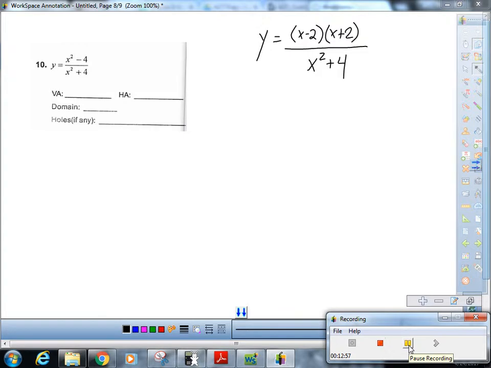Is there any value for x that I can put in for x and get 0 on the bottom? No, because 2 squared is 4. What about negative 2? Negative 2 squared is 4. There's nothing. This one's a none, none, none. Okay?